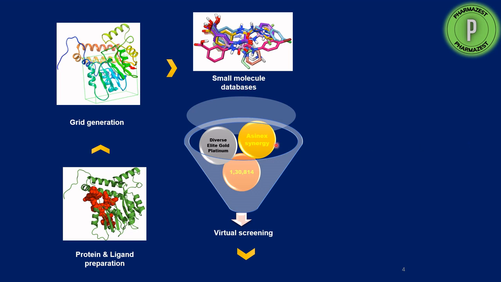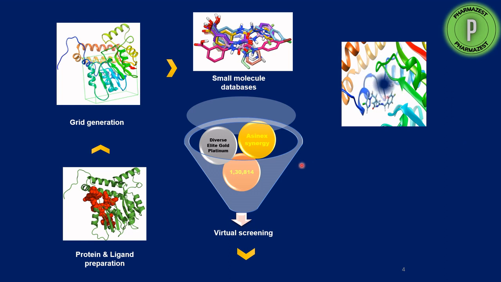In this, we apply different filters like Lipinski rule of 5, and then reactive groups, if they are present, are eliminated, and if any bad poses are there, that means if the molecule is not binding to the protein correctly, then those molecules are also removed. And finally you will get some hundreds of compounds, maybe around 100 to 500, based on the number of filters you have applied.